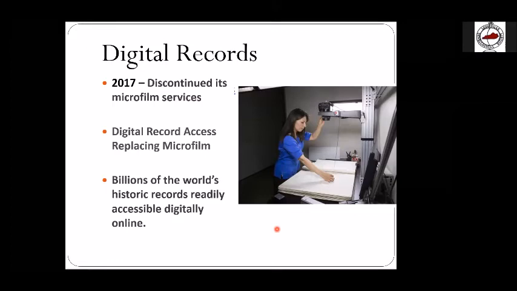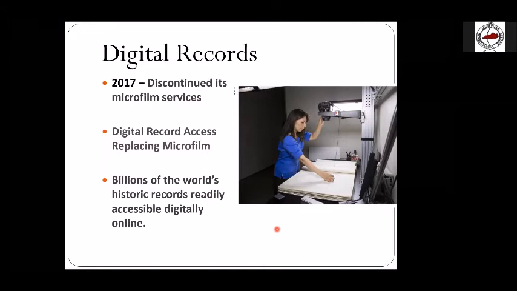If you have used the family history centers that they offer at some of their churches around the US and really around the world, it used to be we would get online and order a film that would have information we think our ancestors would be in. We'd order that film, pay for postage, and it would come into the Family History Center. Then we'd go over and use that film.